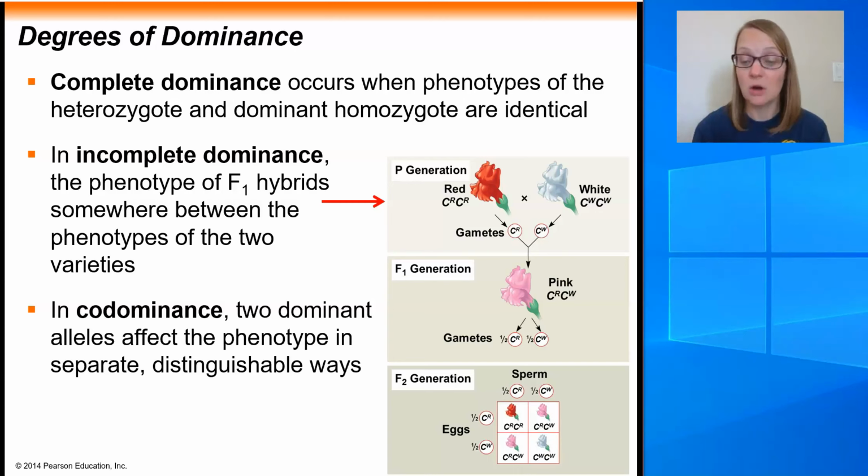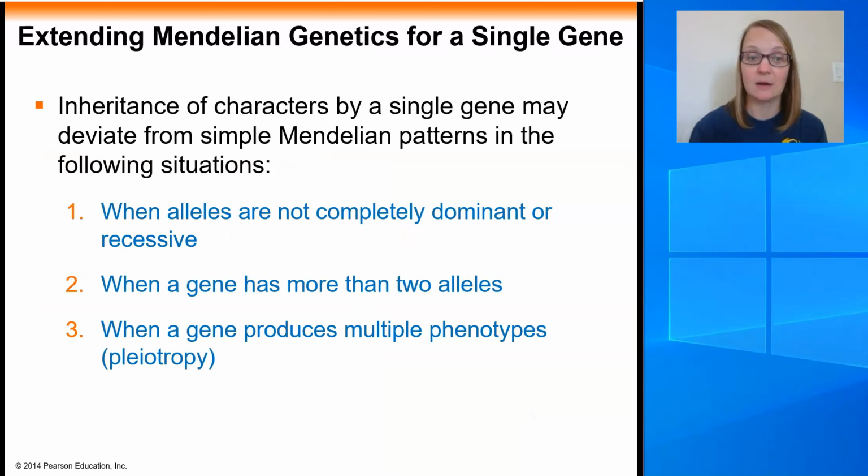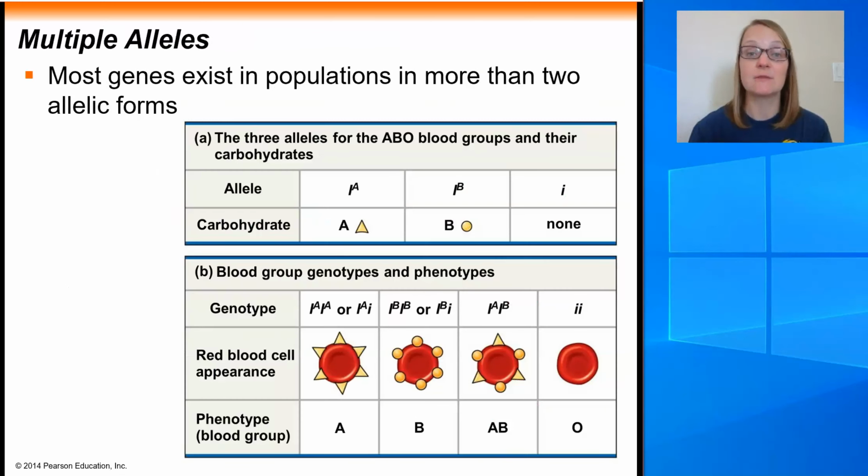Not only are we going to look at codominance, but we're also going to look at an example when a gene has more than two alleles, so maybe 3 versions, 4 versions, 5 versions. In the case that we're going to look at, we have 3 different versions of a gene. This slide shows blood types in humans. We're going to be looking at codominance and then a gene having more than 2 allelic options.